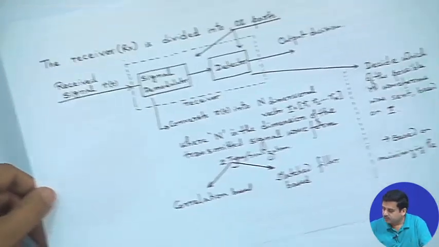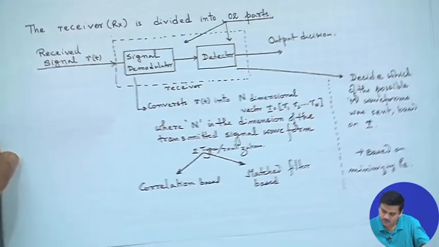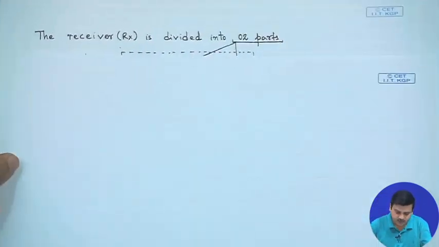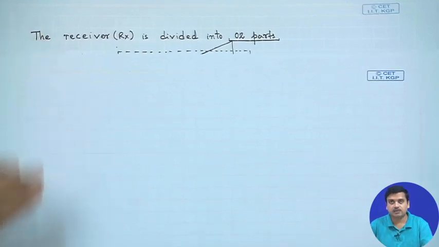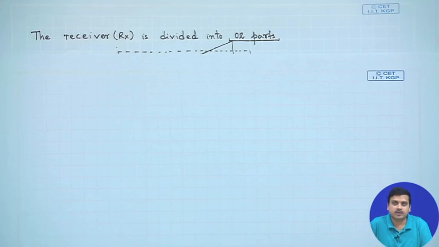So, a receiver is divided into two parts, just like the modulator or the transmitter is divided into two parts. One is the symbol mapper, the other is the up converter. Here also we divide into two parts, but not in exact correspondence, though there is a lot of similarity in the way we do.